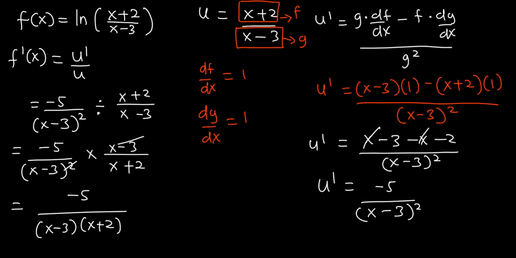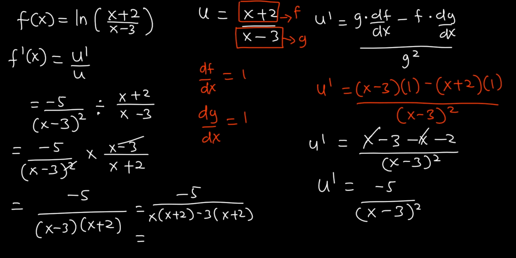Okay, so what you can do is further expand this bracket here. Let's look at that. We have minus 5 here. Let's simplify the bracket you have there. You're going to have x multiplying (x plus 2) minus 3 multiplying (x plus 2).